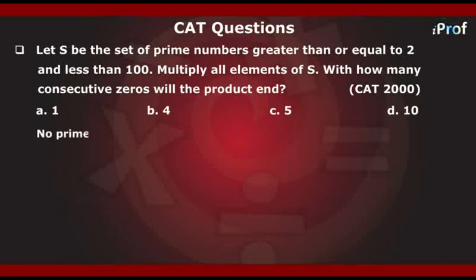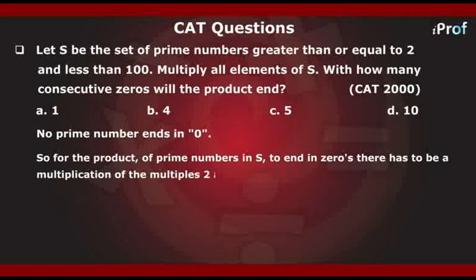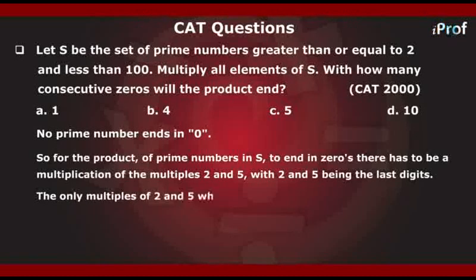We know that no prime number ends in 0. So, for the product of the prime numbers in S to end in zeros, there has to be a multiplication of the multiples of 2 and 5, with 2 and 5 being the last digits. The only multiples of 2 and 5 which are prime numbers are 2 and 5.